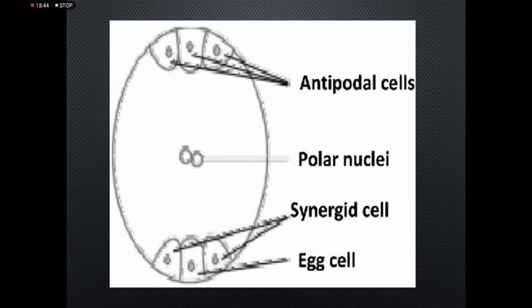So the total cell count is 3 at the chalazal end, 3 at the micropylar end, and 1 at the center, so a 7-celled condition. So a typical embryo sac is 7-celled while 8-nucleated.